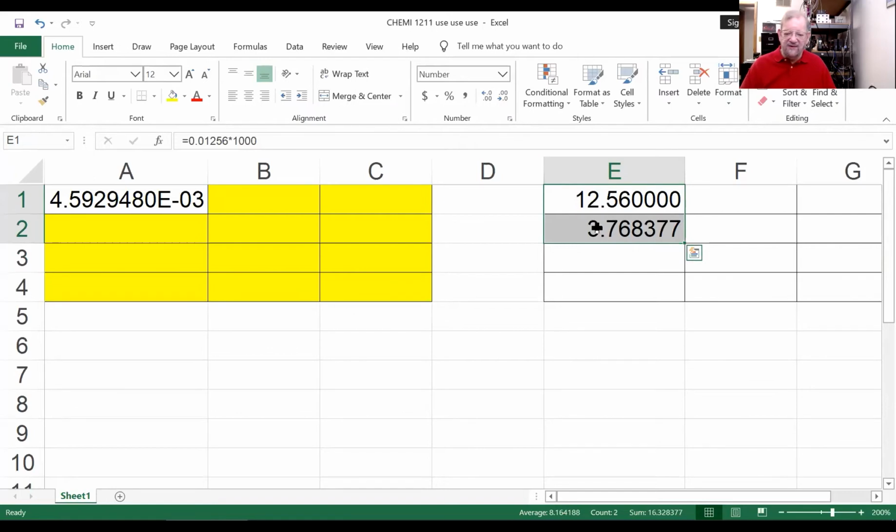And if we look here, I get 3.768377. And we have to round that off to 3 significant figures. So I'll let you do that.